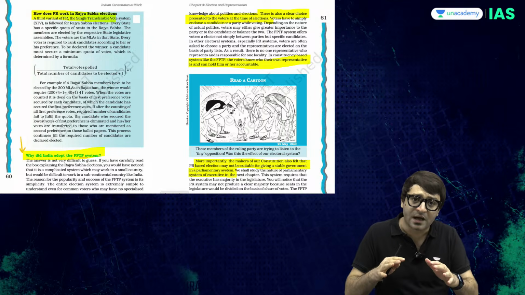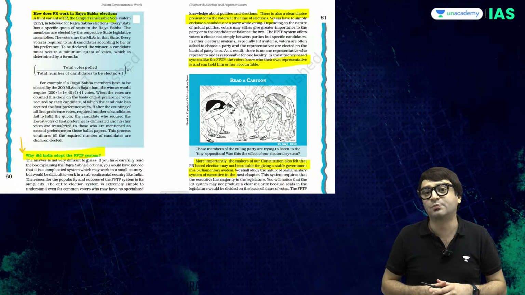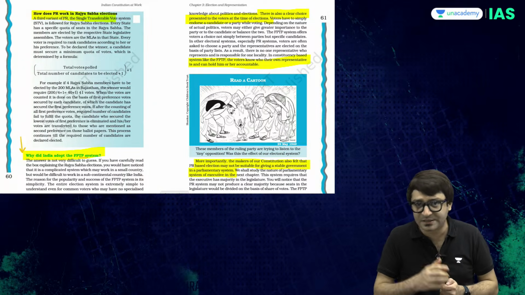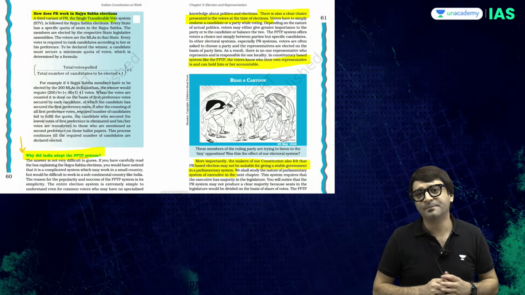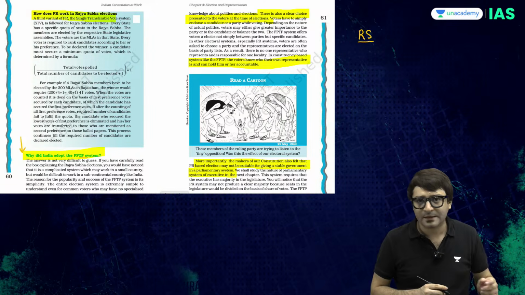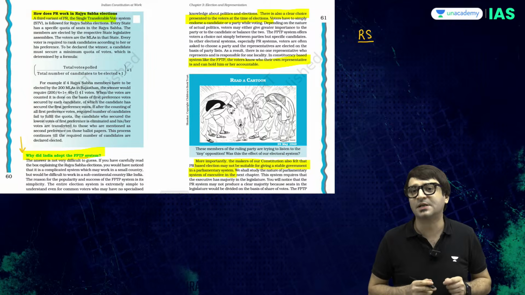But do we have proportional representation system somewhere in India? Yes, we have. Where? In the election of the president. Where? In the election of the vice president. Where? In the election of the members to the Rajya Sabha. How many seats does a particular state have in the Rajya Sabha?